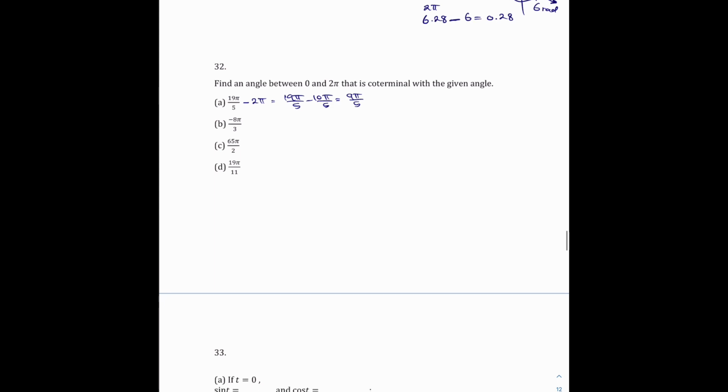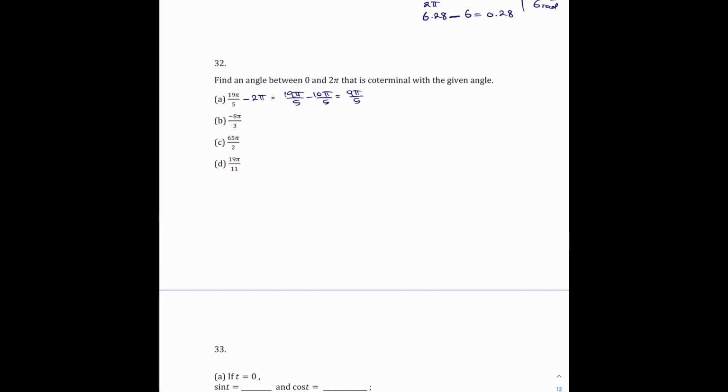Next question, negative 8 pi over 3 is less than 0, so I'm going to add 2 pi to that. So this is going to be negative 8 pi over 3 plus 6 pi over 3, which is equal to negative 2 pi over 3. I will leave it as a negative angle.